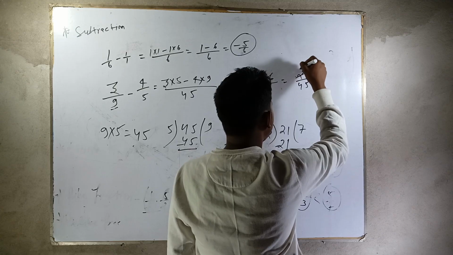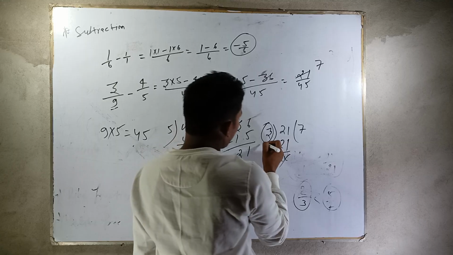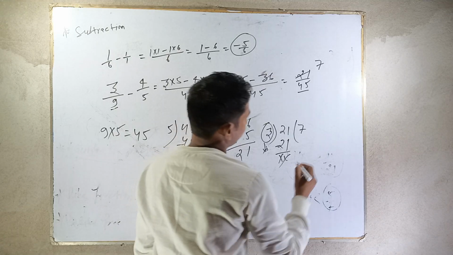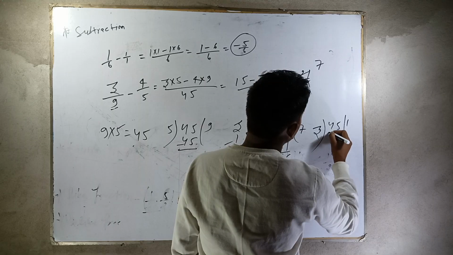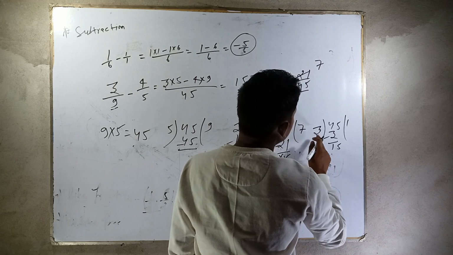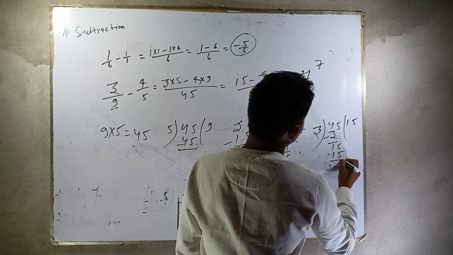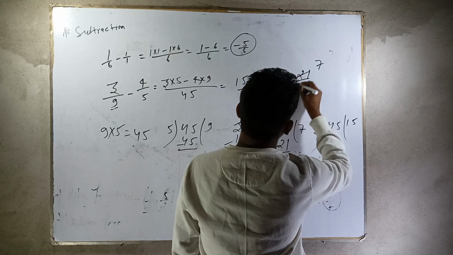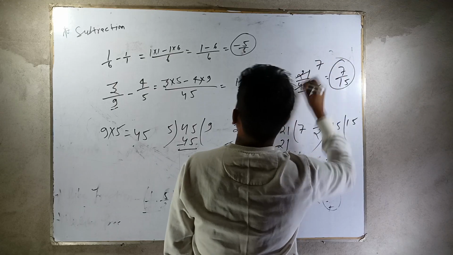And if I divide this one with 3, there is a condition that the number below should also be divided by 3. 45 divided by 3 is 15.